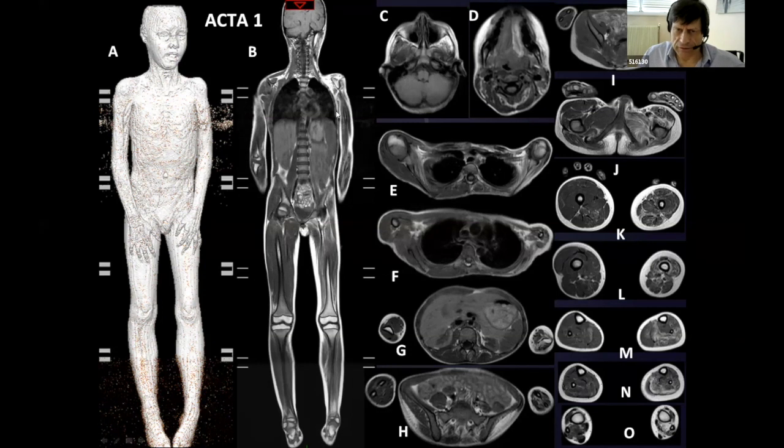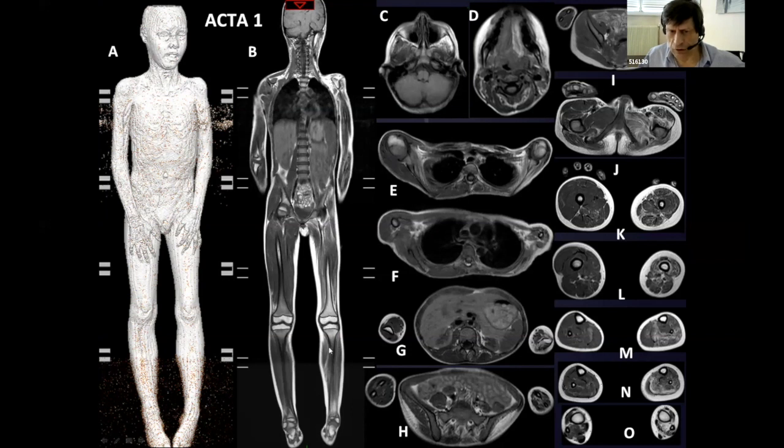But in this case, you have an explanation in the genetic profile of the patient. And as you can see, you can detect asymmetry in bone.